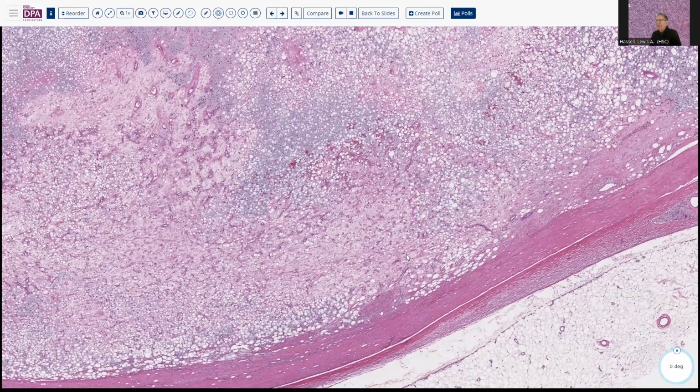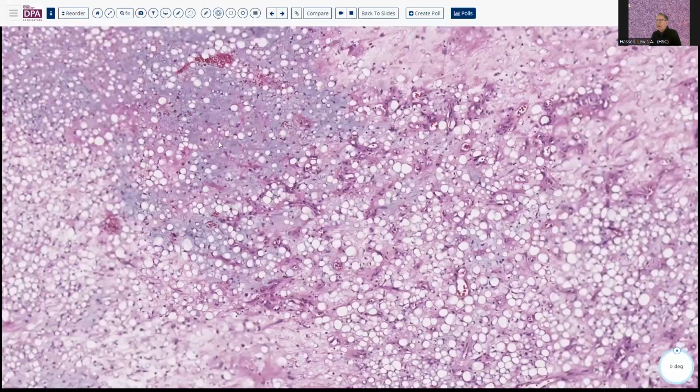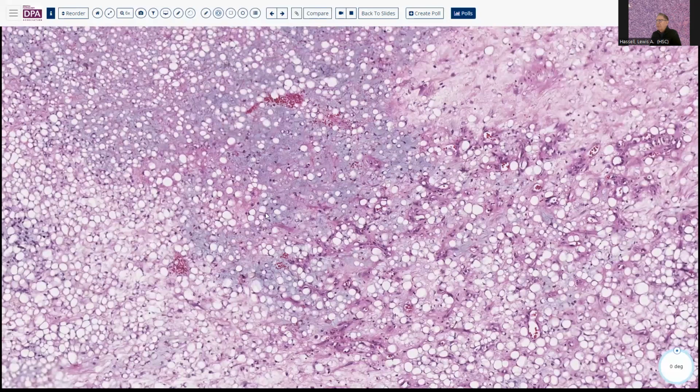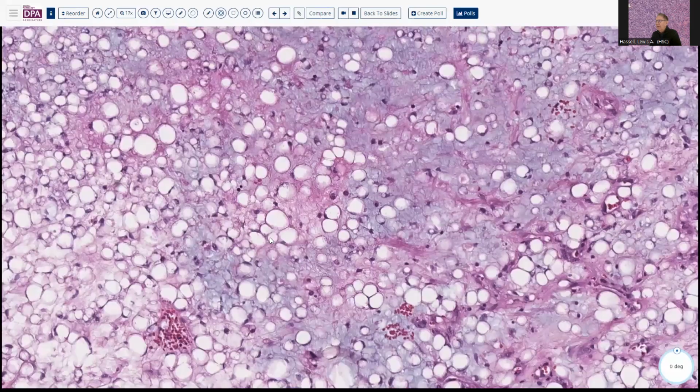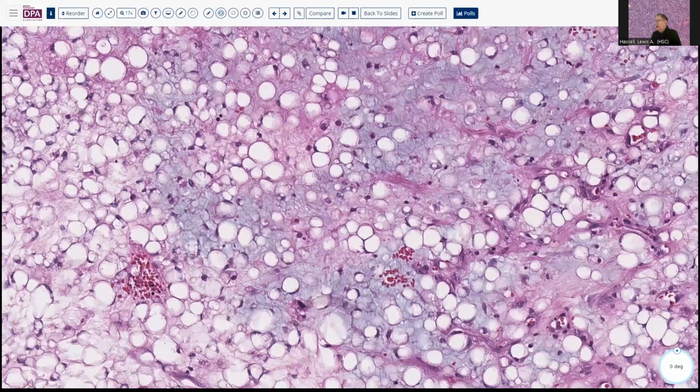So that feature is very useful and not seen in a lot of other myxoid neoplasms. Here, maybe there are a few more of the monovacuolar or lipoblast cells in varying sizes.